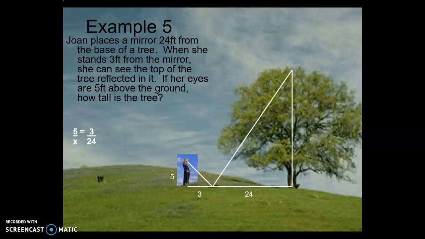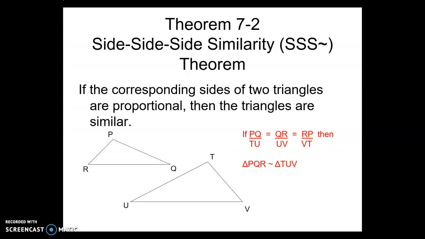Regardless, there's a bunch of ways you could set it up, but you're going to be cross-multiplying the same things, 3 times X and 5 times 24. Then you solve it, and you get X is equal to 40 feet, so the tree is 40 feet high.